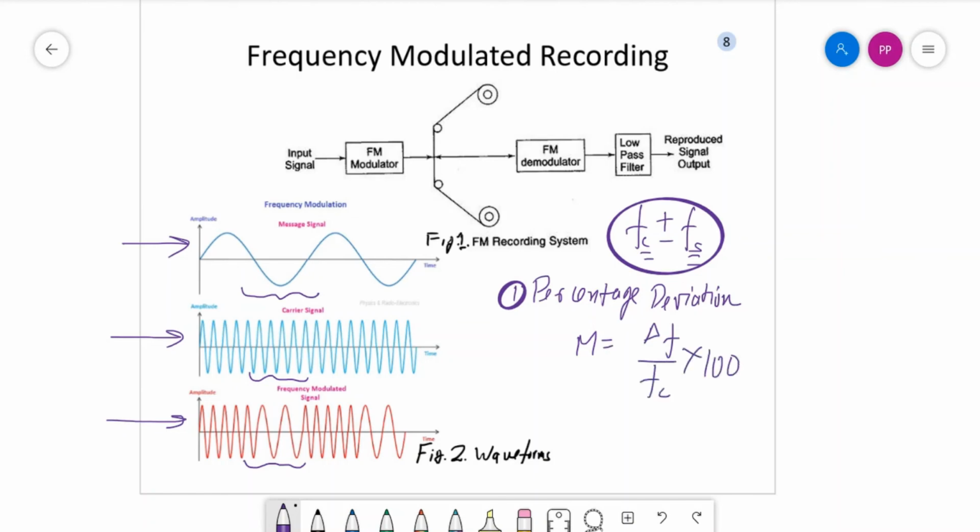You can use this information for determination of the deviation from the central frequency.